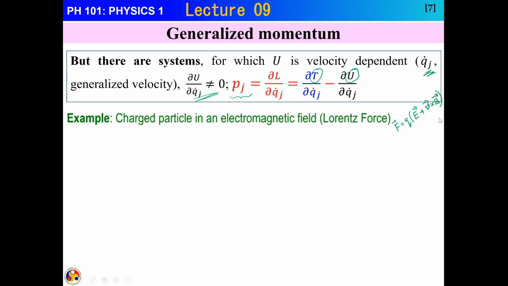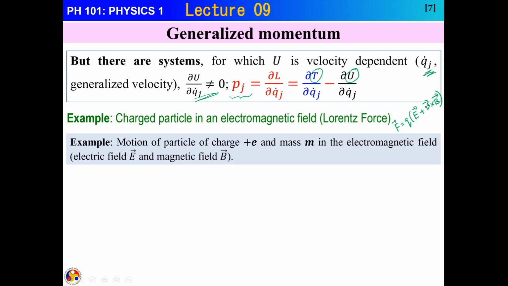So now what happens if I consider the motion of a charged particle of charge Q and mass m in the electromagnetic field, having the electric field component E and the magnetic field B? What will happen?